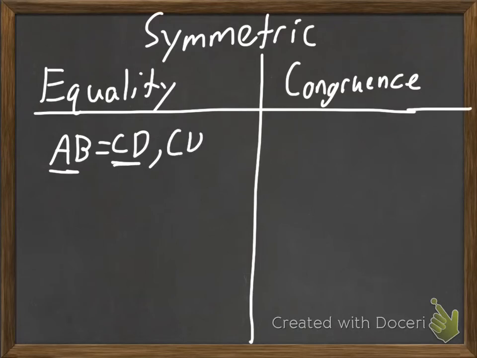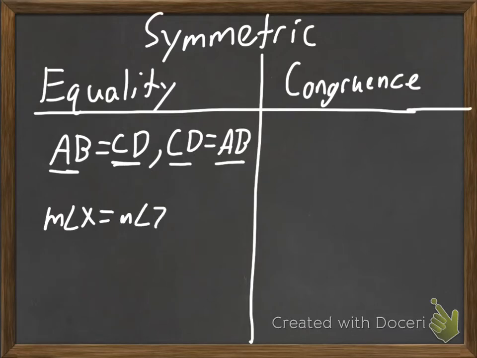So this is the same thing as saying CD equals AB. These two are the same as the other. Likewise, if we have the measure of angle X, and we say that's equal to the measure of angle Z, we can also say the measure of angle Z equals the measure of angle X.